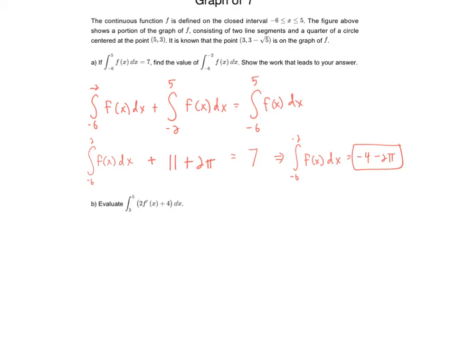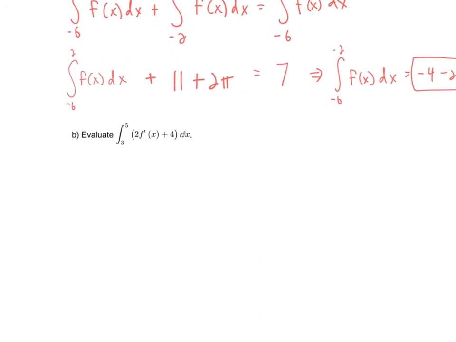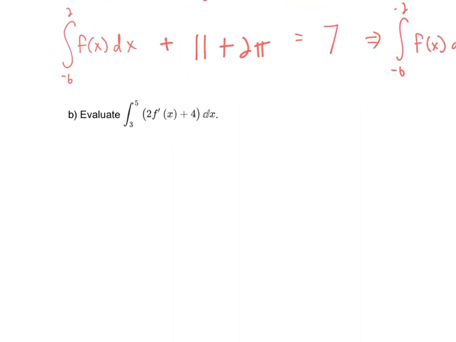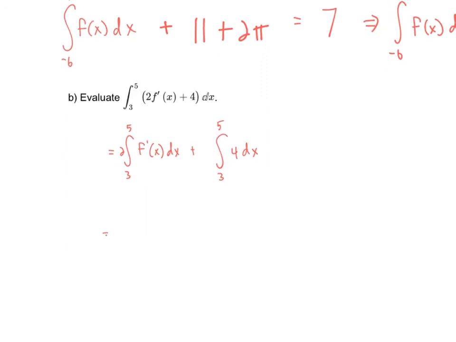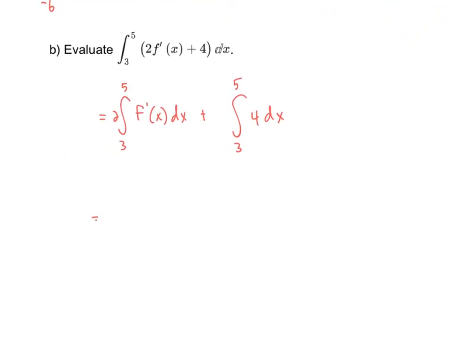Okay, this next one. I'm going to use properties of integrals first. So we can split this up. And then to evaluate this integral, we need to take the antiderivative of this.